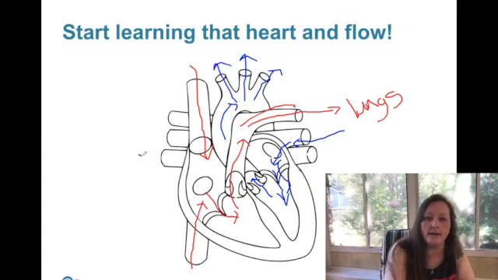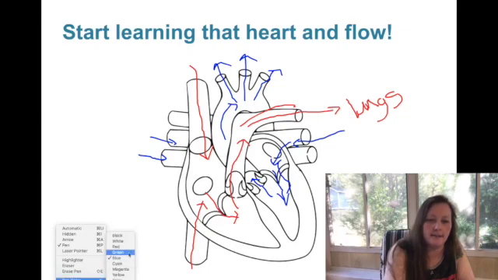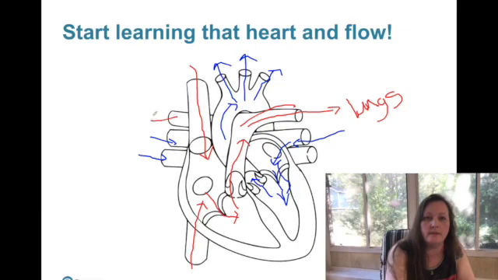And so I can also say that it's going in here, and I can say that it is coming out there. And then this would also be lungs. There we go.